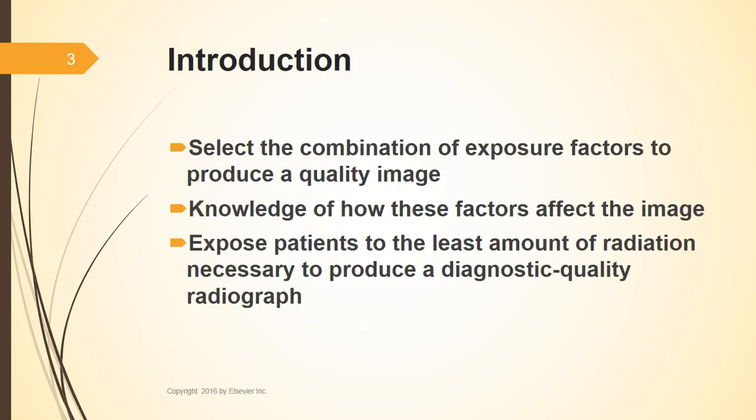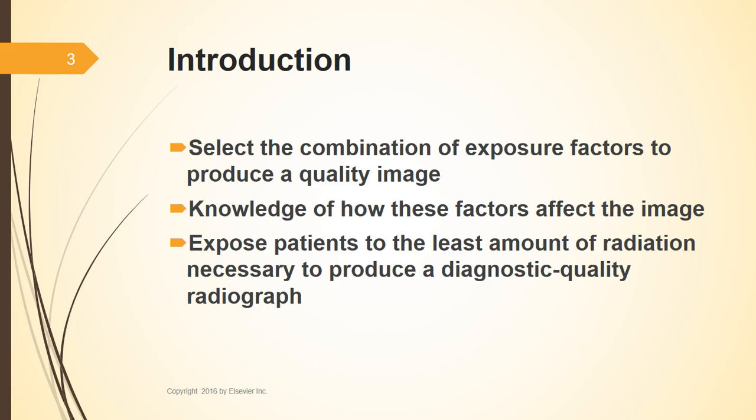This chapter focuses on radiographic exposure techniques and the use of accessory devices, all of this and their effects on the radiation that reaches the image receptor and the image produced. As I go along, you may hear me use the word IR, that is an image receptor. No matter what it is that you're working on, you can have film. There are still a few places that still have film.